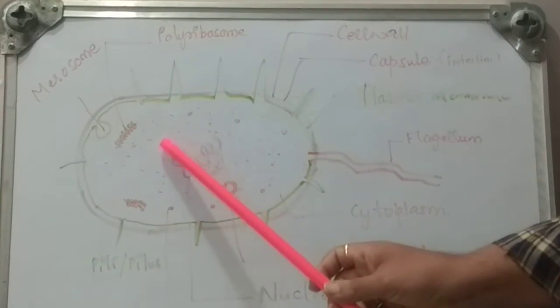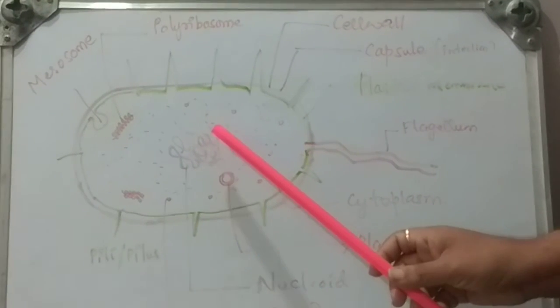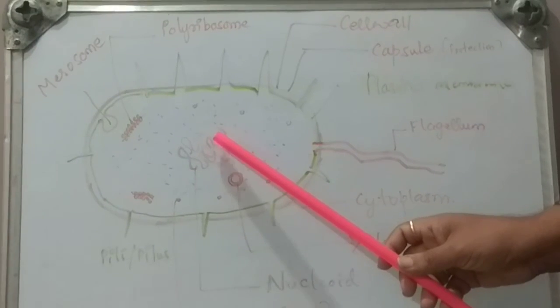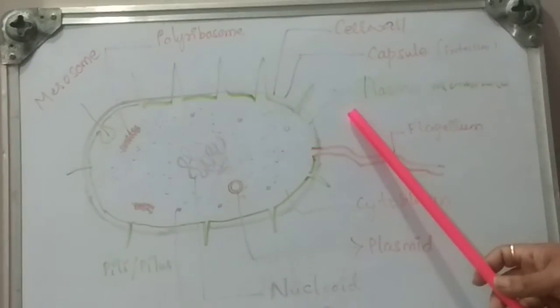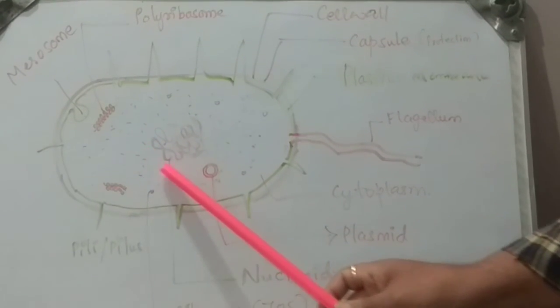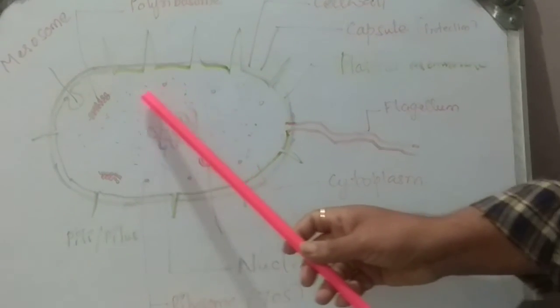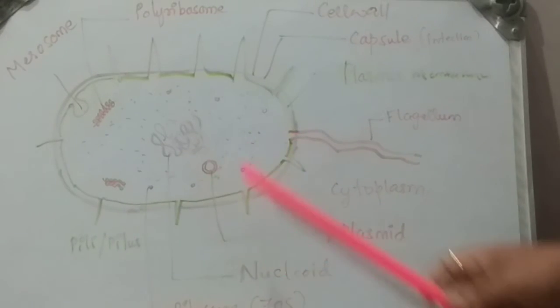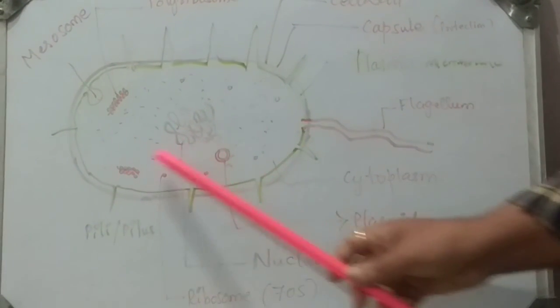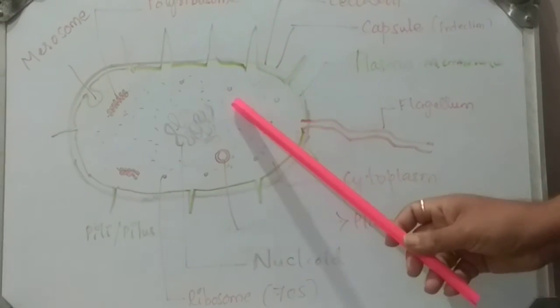There is a genetic material called the nucleoid. This nucleoid is responsible for transfer of characters from one bacteria to another through conjugation. So this nucleoid totally lacks a nuclear membrane, and it is always embedded in the cytoplasm of the cell.